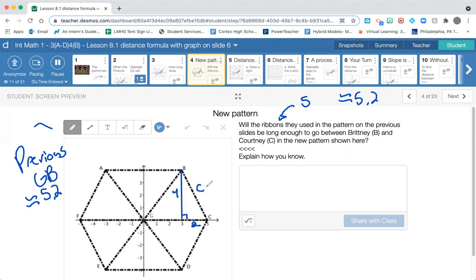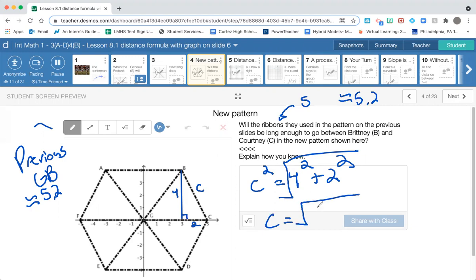If we find B to C, we know that C squared should equal 4 squared plus 2 squared. If we take the square root of all this, C should be equal to the square root of 20.